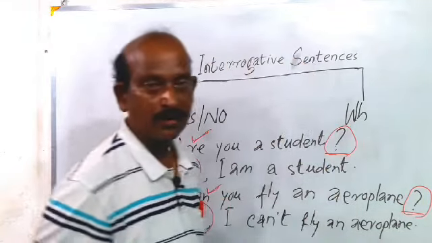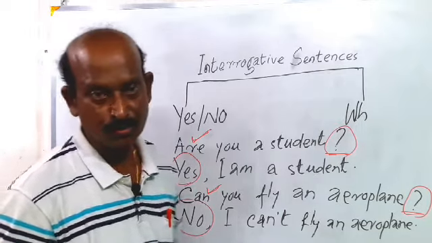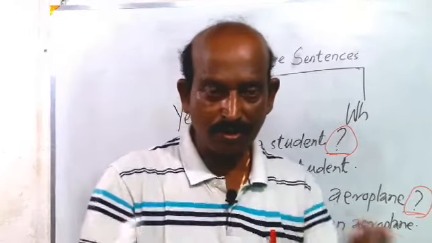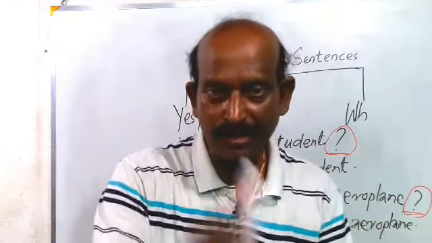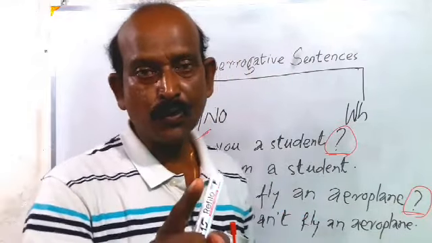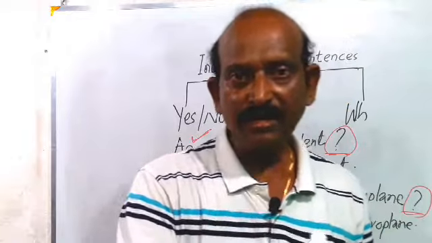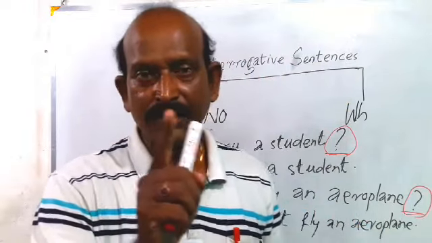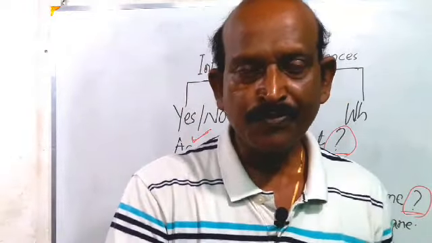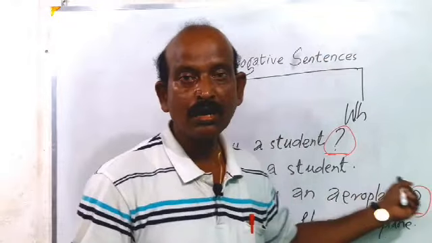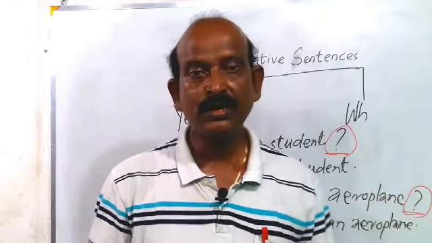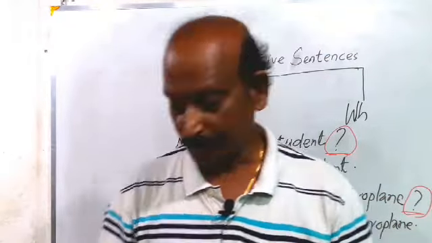This ends with a question mark, and this is called a yes no type question. So the concrete idea we should conclude is that a yes no type question begins with an auxiliary verb, and in the answer we get either yes or no, and it ends with a question mark. This is all about the yes no type question.